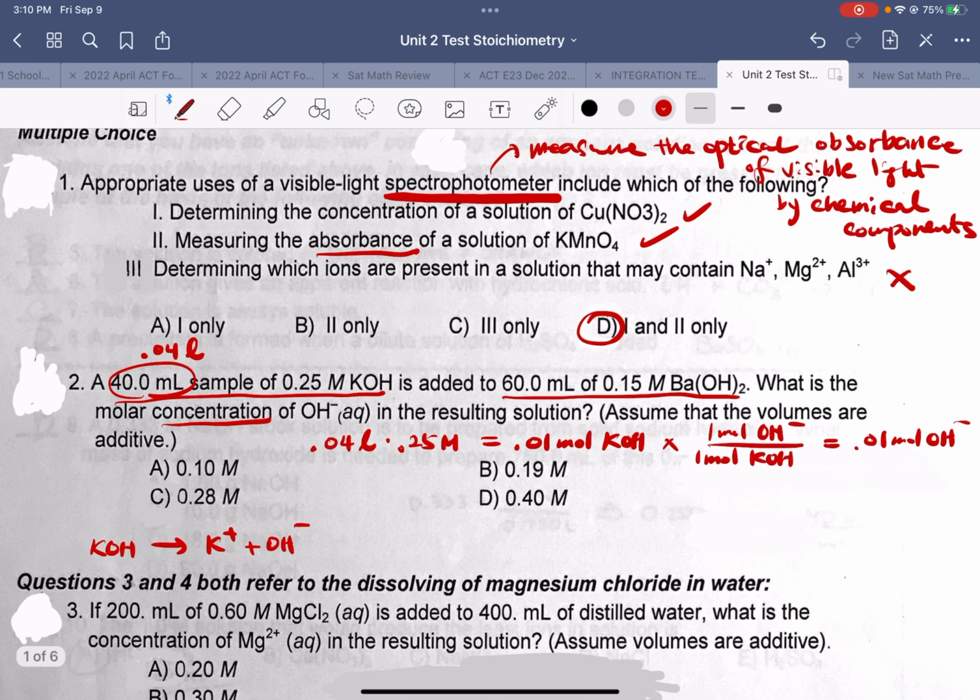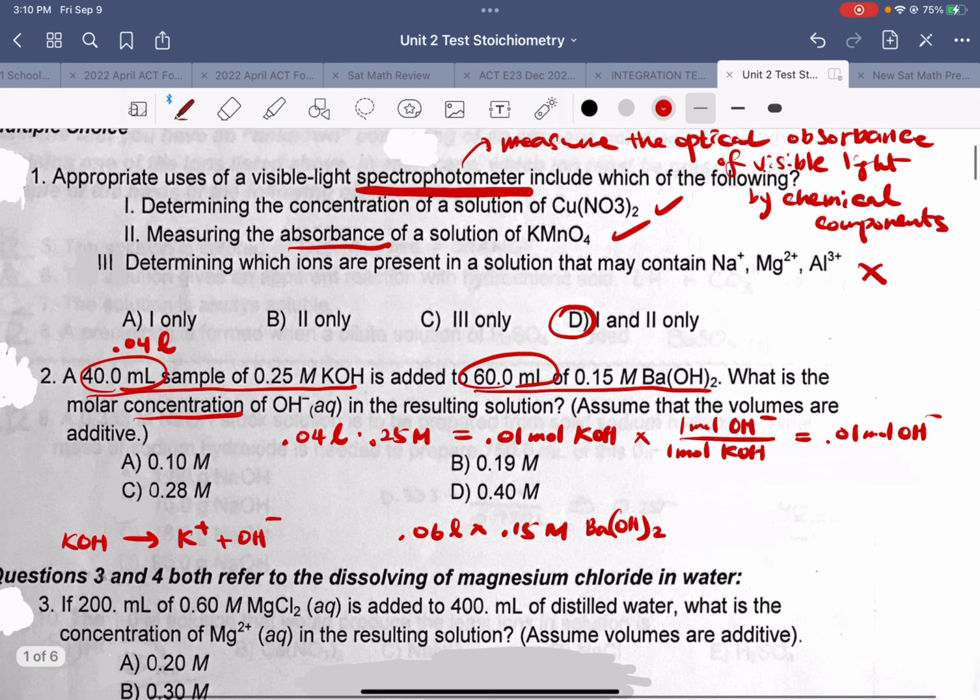Now, what about the other one? 60 milliliter divided by 1,000 is 0.06 liter times 0.15 molarity Ba(OH)2. When you multiply, you're going to get 0.009 mole of barium hydroxide.